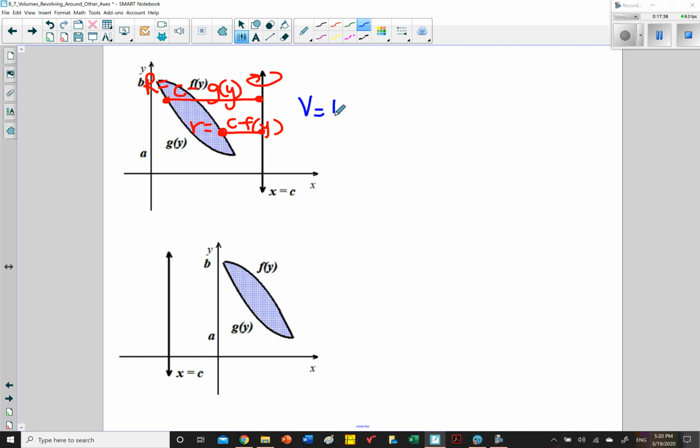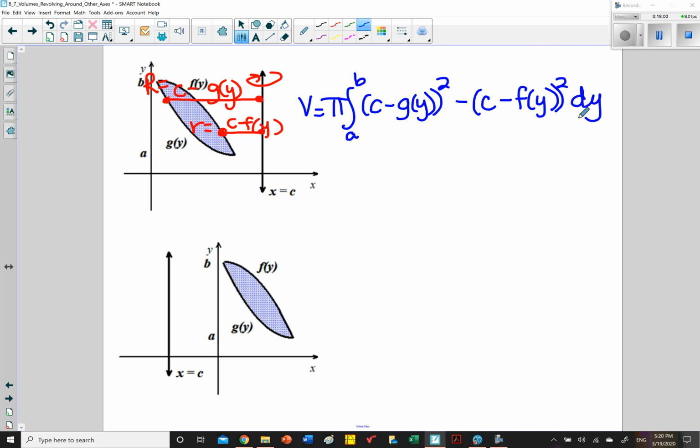Volume is pi from A to B. Outer radius, c minus g of y squared, and the inner radius, c minus f of y squared in terms of y. And the last possible condition would be when the axis of revolution is to the left of the shape.